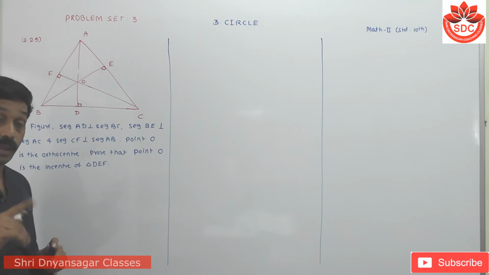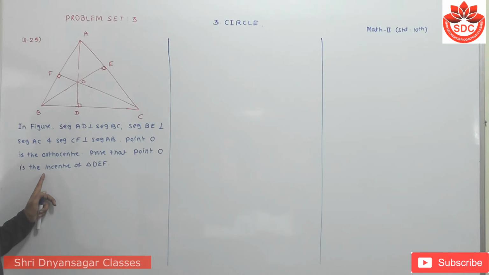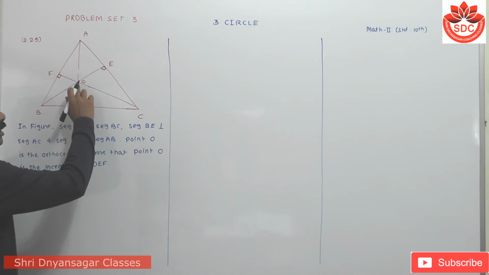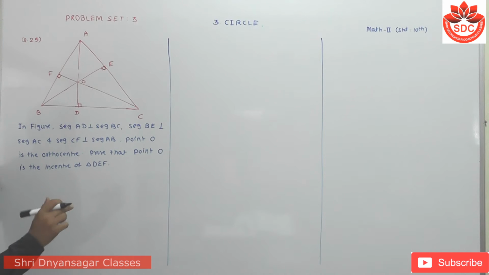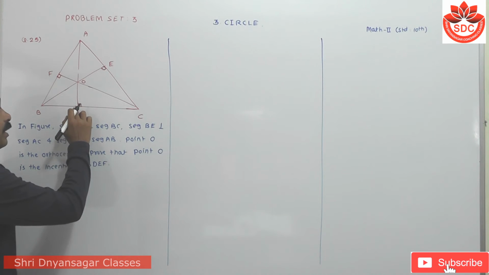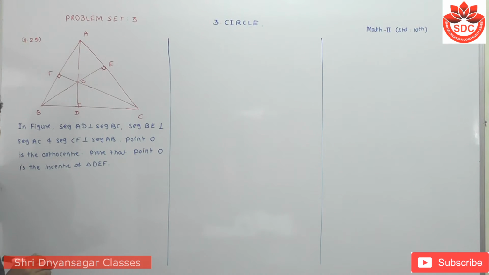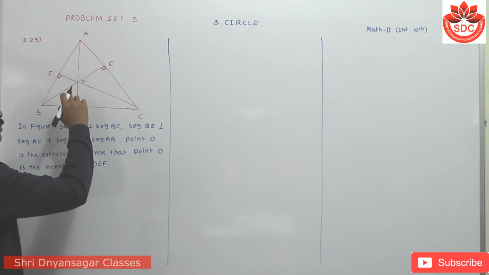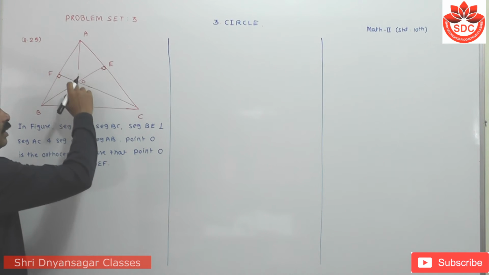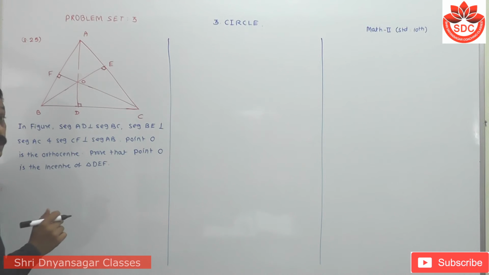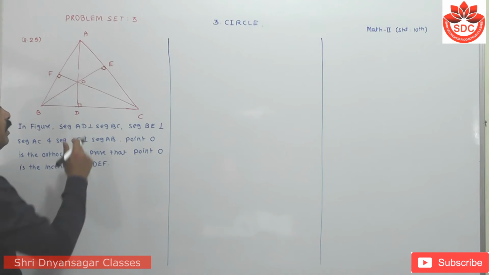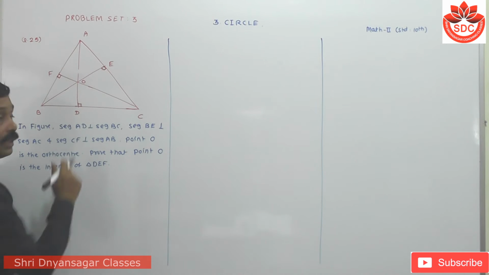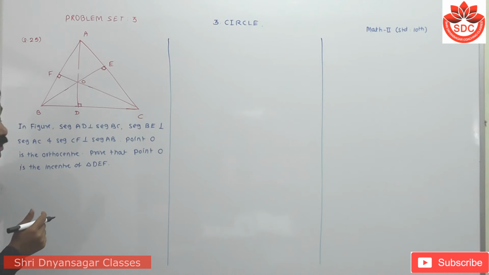Students, if you have to prove here O is the incenter, at that time we have to show that OE, OD and OF are the angle bisectors of the triangle DEF. So first we have to show that OE is a bisector, OD is a bisector and OF is a bisector. For this we have to draw the segments DE, EF and FD, means that the triangle DEF is formed.